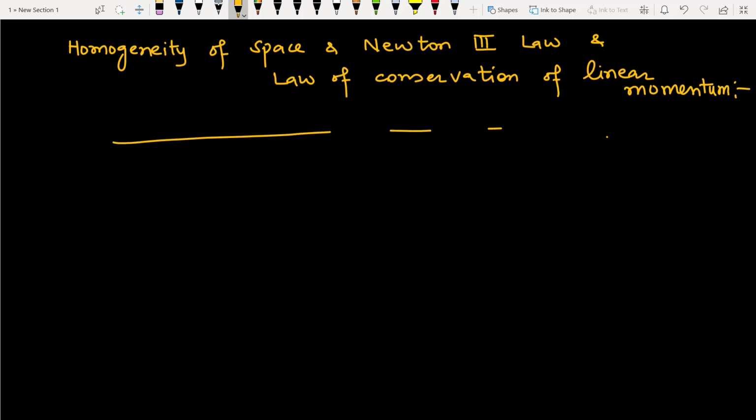So it means that for every point in the space, Newton's third law and law of conservation of linear momentum have the same form.